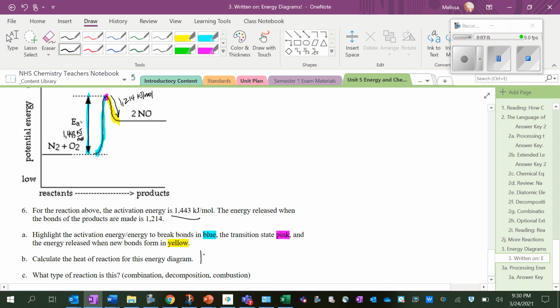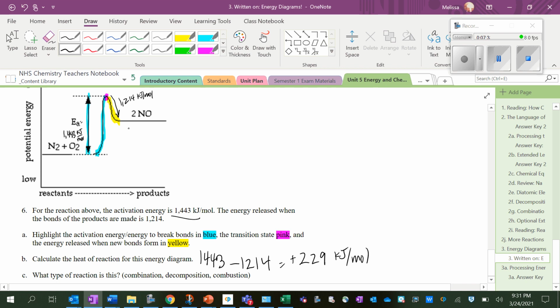Calculate the heat of reaction. So 1443 minus 1214. Punching this into my calculator. 1443 minus 1214. That's 229 kilojoules per mole.